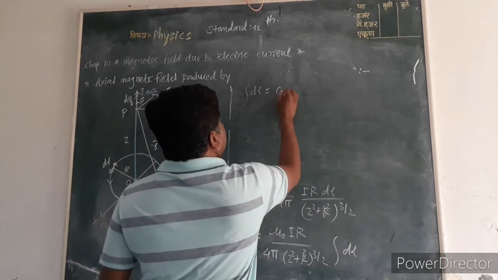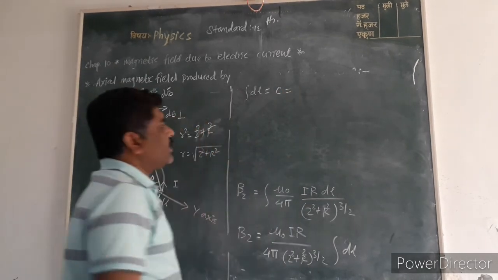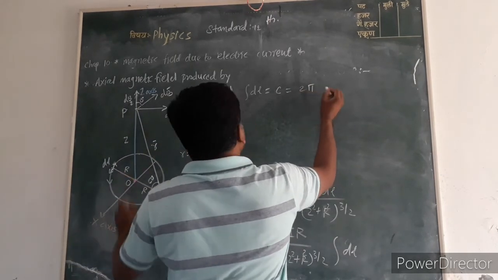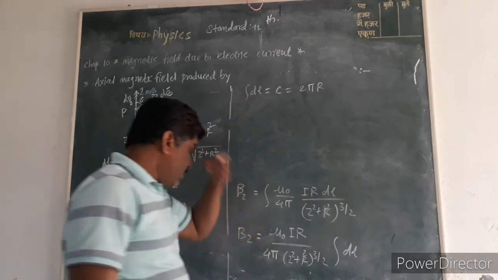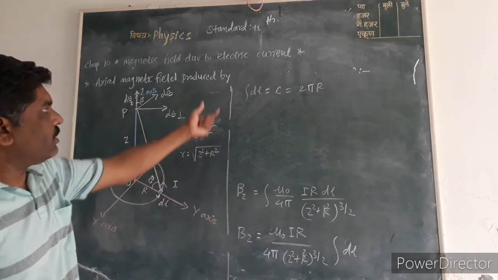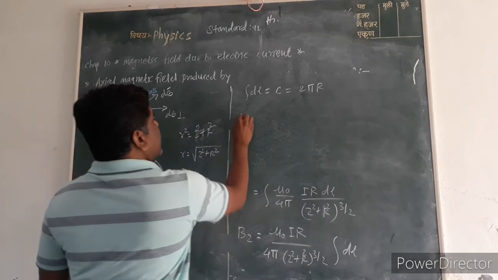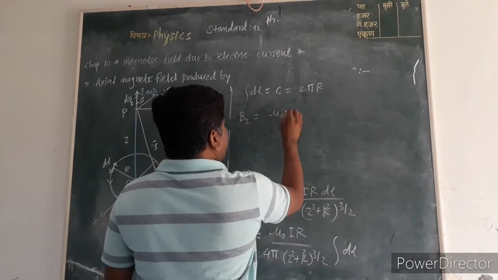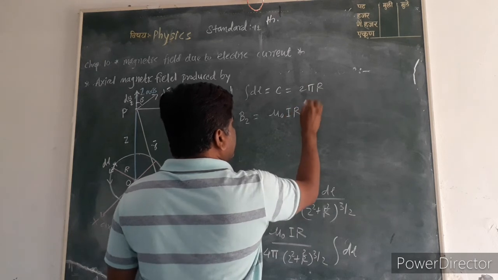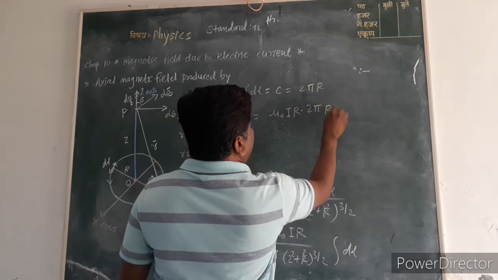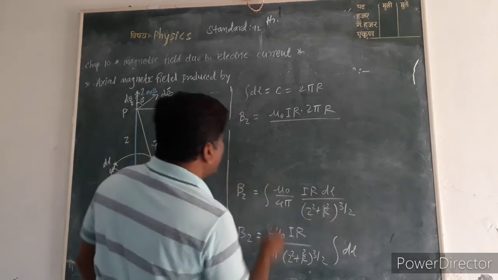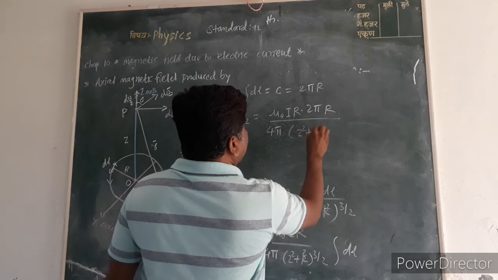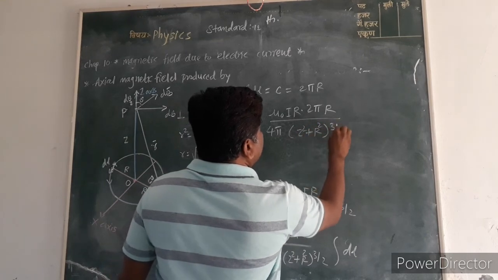The circumference of a circle is 2 pi, times radius capital R. Therefore, using the value of the integral of dl, Bz is equal to mu 0 I R into 2 pi R divided by 4 pi into the bracket z squared plus R squared raised to 3 by 2.